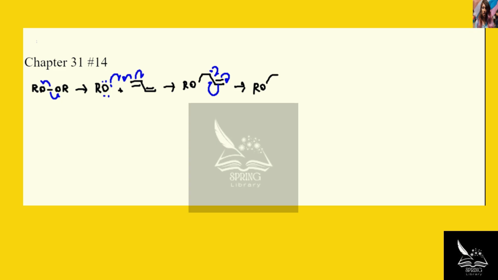That's going to give us this. So our double bond is here now, and our radical is on the terminal carbon.